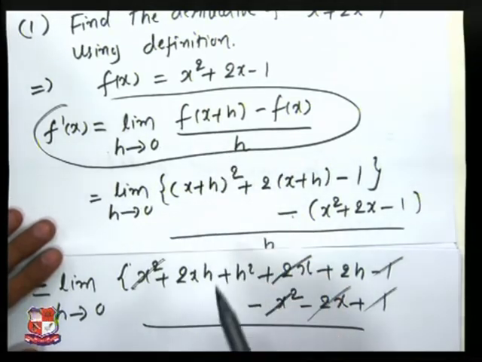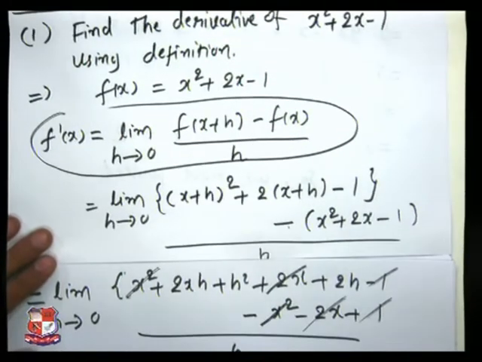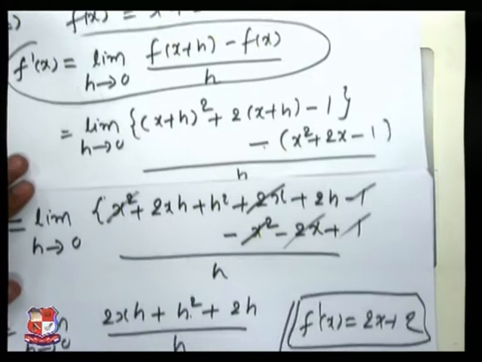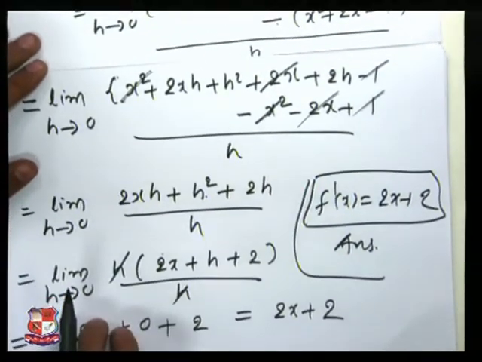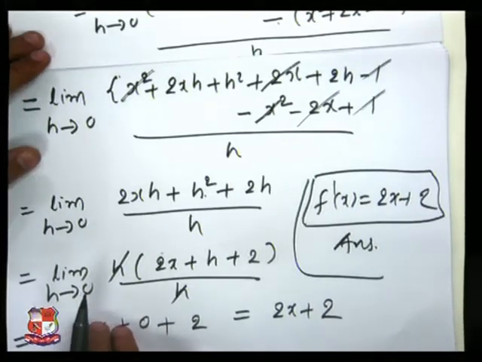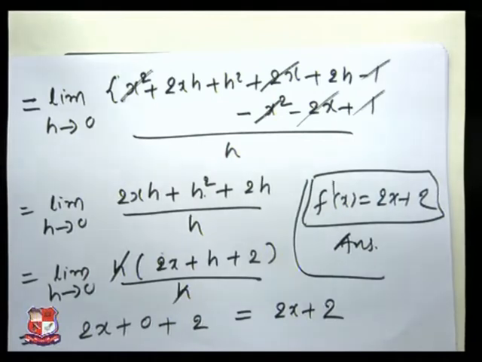By simplifying these terms we can easily get the derivative of x square plus 2x minus 1. After all, we will get f dash x is equal to 2x plus 2. So this is the solution of question 3a, first example.